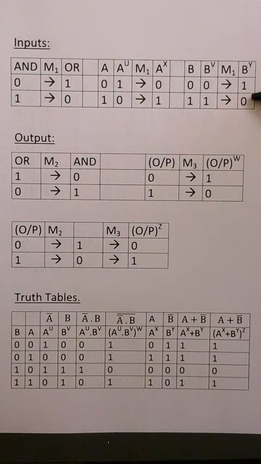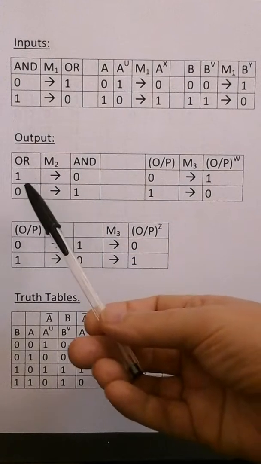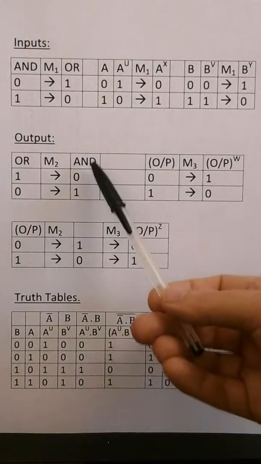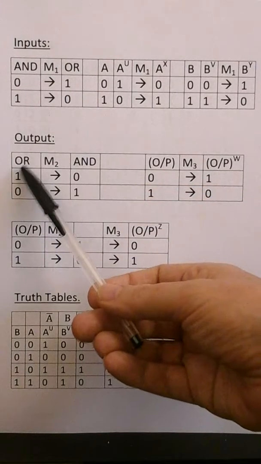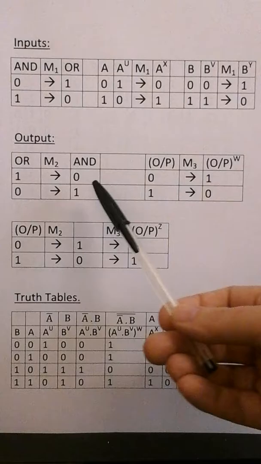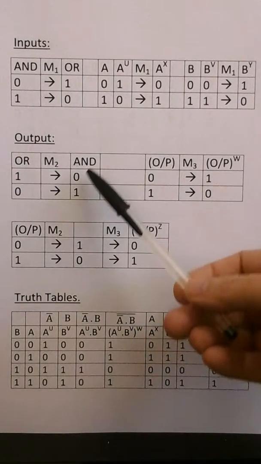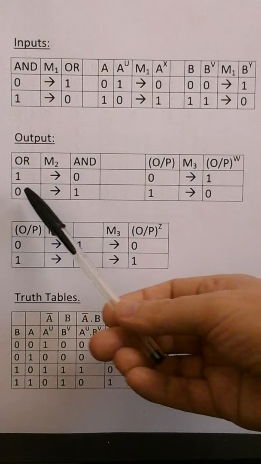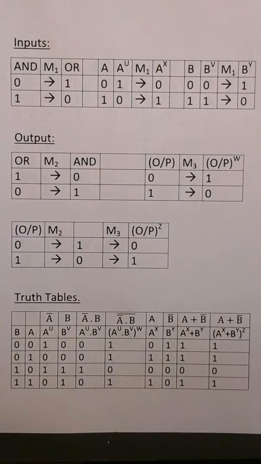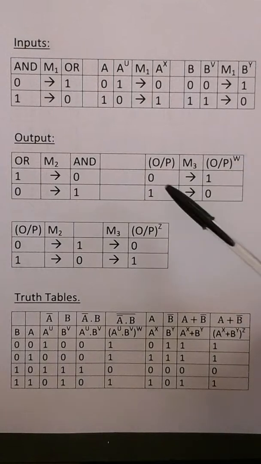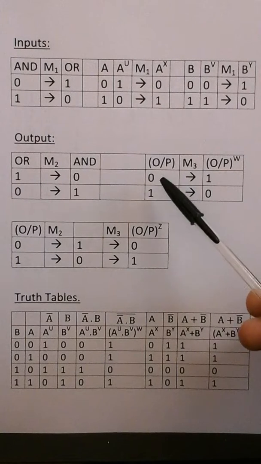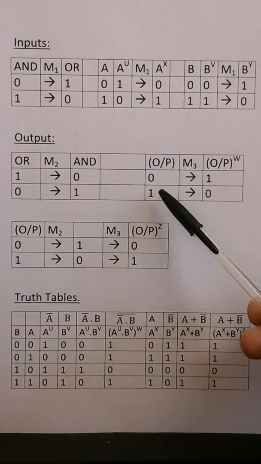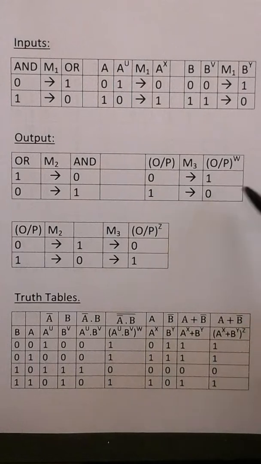as not B. For the output, we reverse the mapping from AND to OR to OR to AND, so it's the inverse mapping if you like. This is M2 and it's the same, a 1 to a 0 and 0 to a 1. And we look at the output W. This is for the output of the AND function, and the mapping M3 goes from a 0 to a 1 and a 1 to a 0.